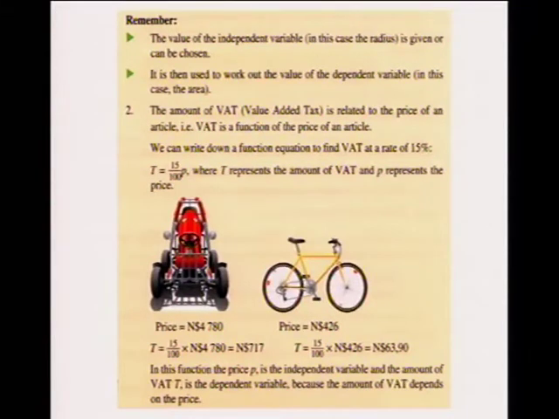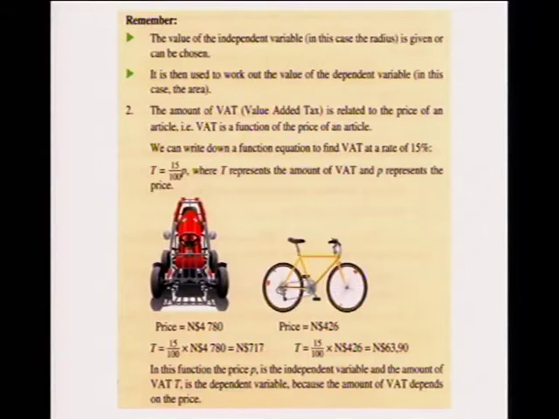We can write down a function equation to find VAT at a rate of 15%. They must give you the rate because it's not always the same, and different countries have different VAT percentages. So T is equal to 15 over 100 times P, where T is the amount of VAT and P is the price.